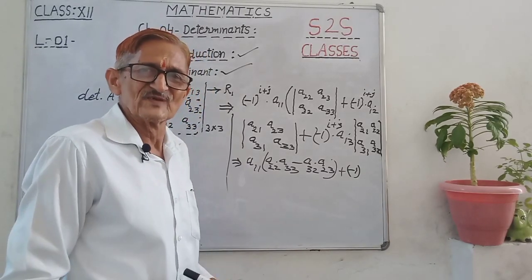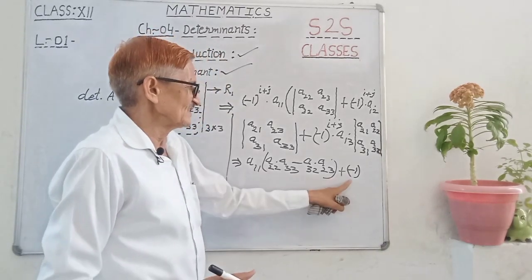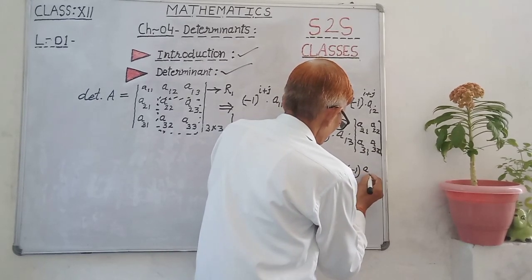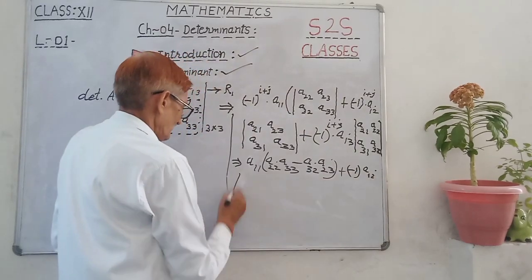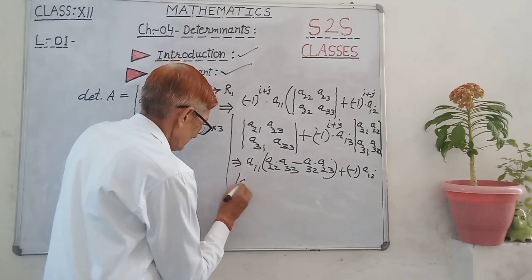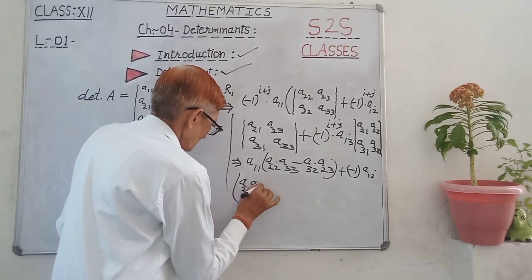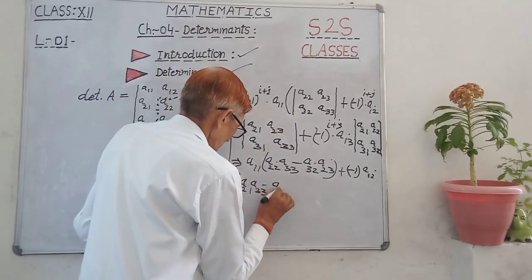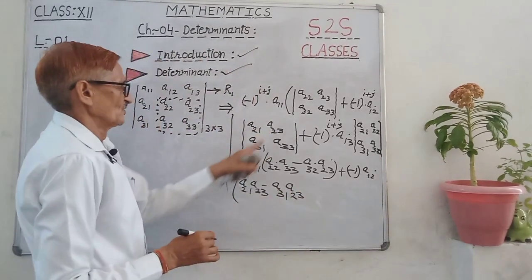If power is odd, minus 1 power odd, I plus j is odd, then minus 1 से multiply, ठीक है बेटा, into a12 into this: a21 a33 minus a31 a23. This cross multiply.